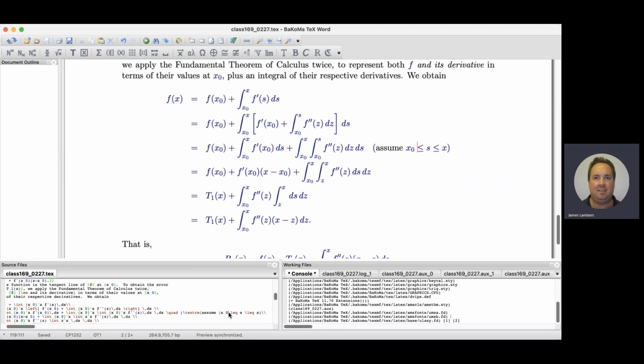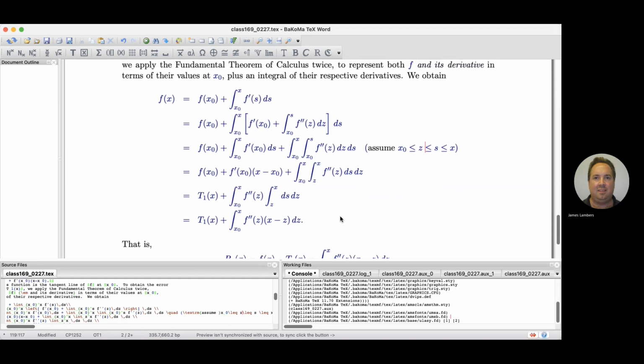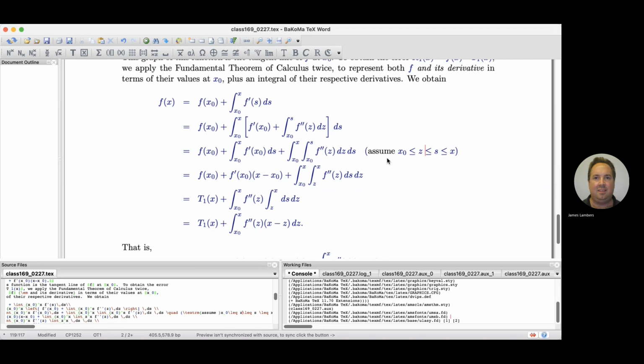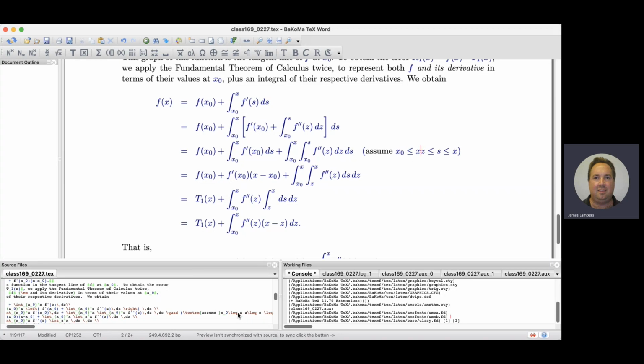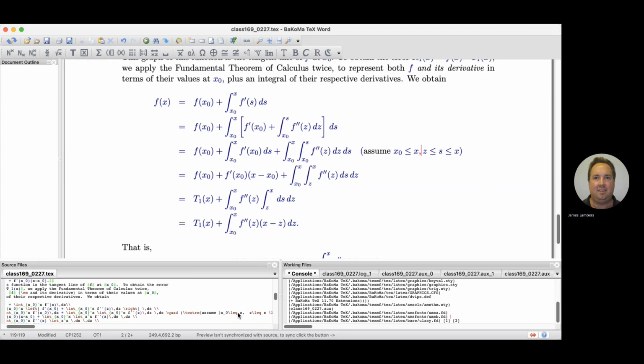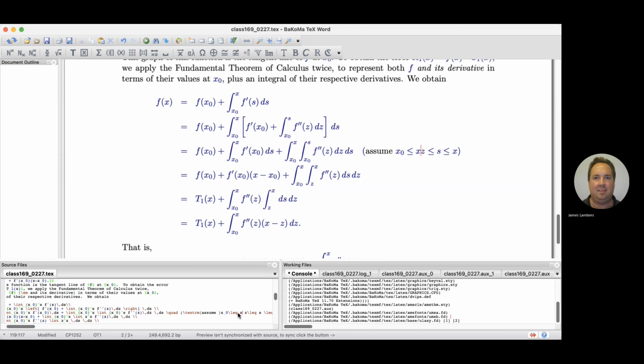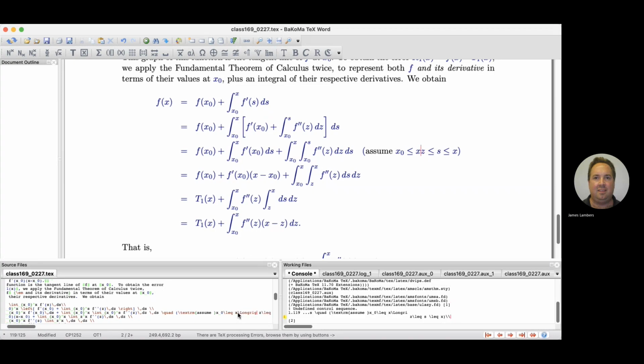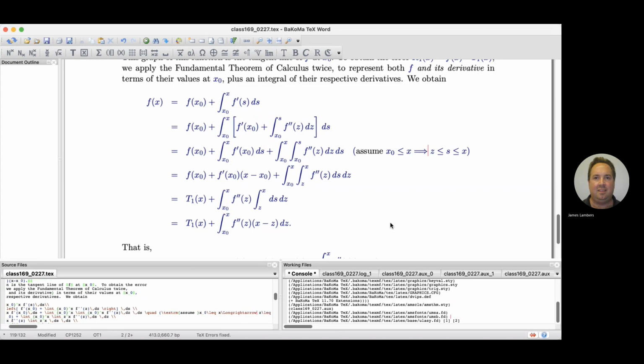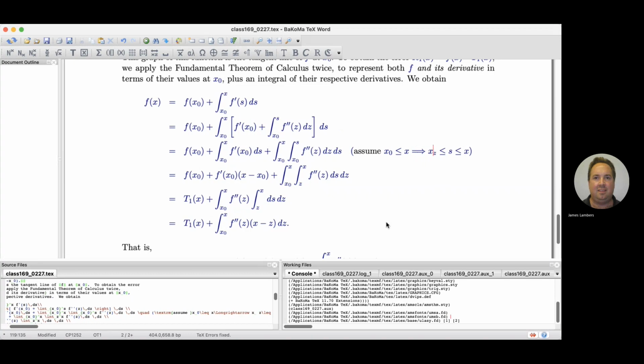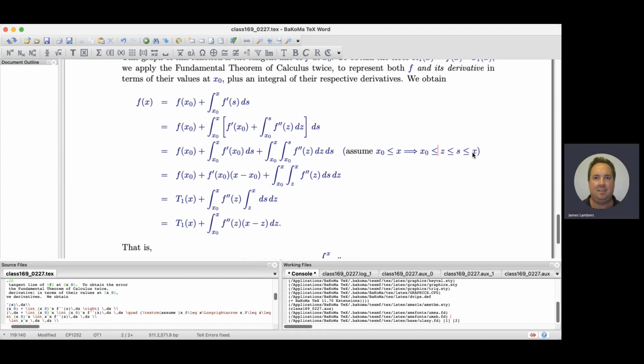So I have this relationship also. All right, so that's how all the different variables here are related. Now, I'm assuming x naught is less than or equal to x, and if it is, then I have this hierarchy right here.